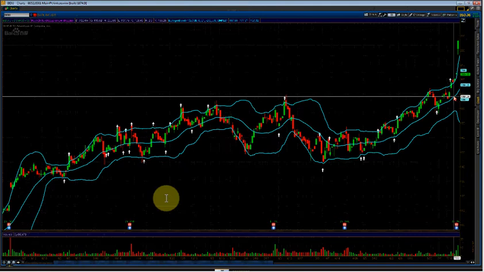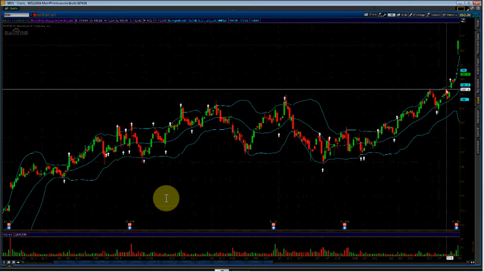They both start with S. Could be one of two words, but they both start with S. A line on my chart below the price of the stock. Support or stop, right?